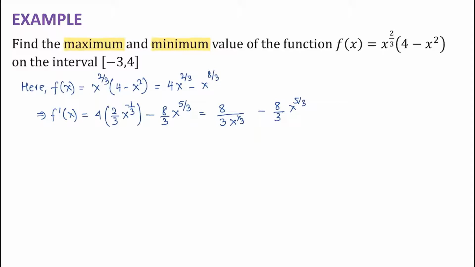Now in order to combine these two, we must have a common denominator. Here we have 3x to the 1/3, but here I only have a 3. So in order to make a common denominator, I have to multiply both the numerator and denominator of the second term by x to the 1/3.